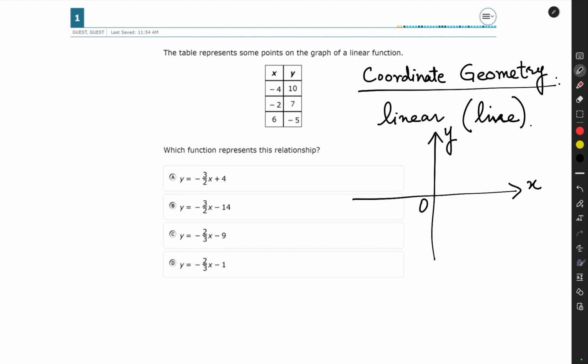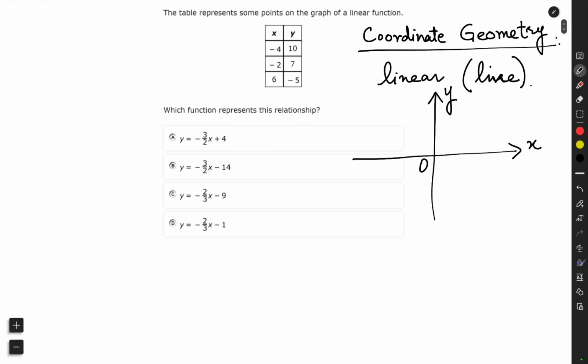Every line on the Cartesian plane can be represented by an equation y is equal to mx plus c. Now this is a general form of a linear function. Every line has an equation like this. If I see, there are 4 options and all of them are in this format.